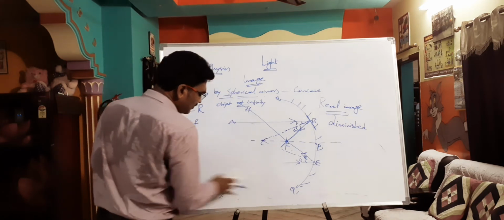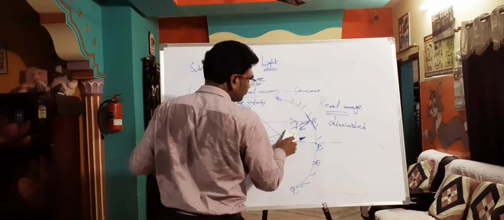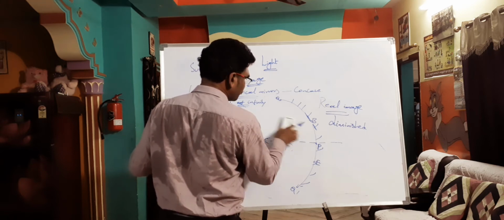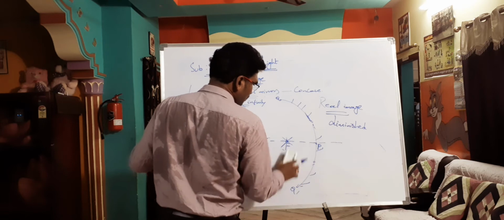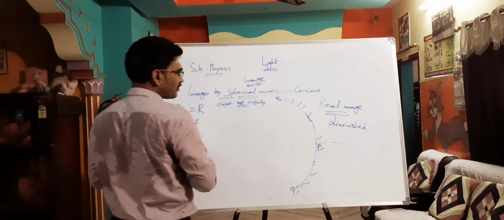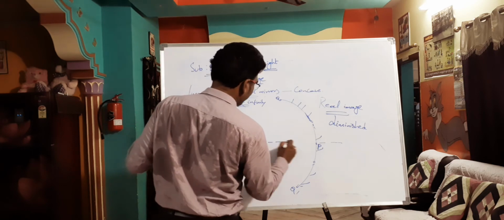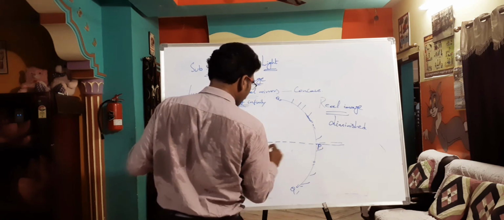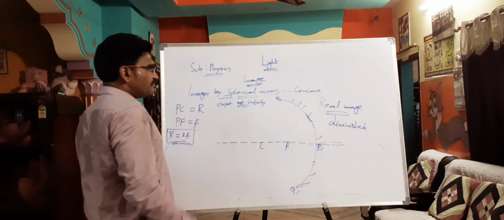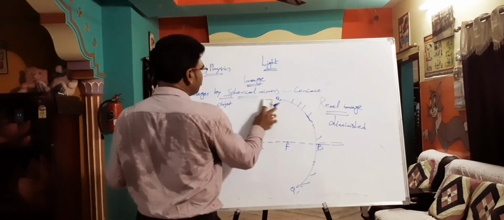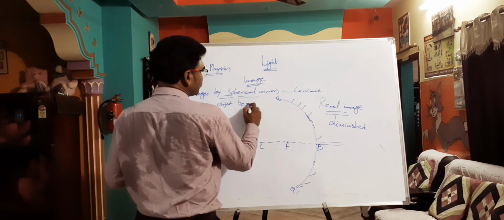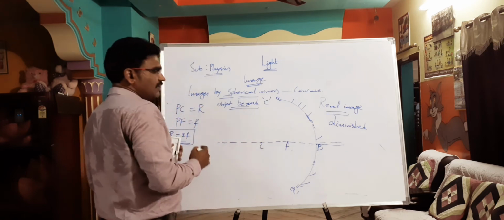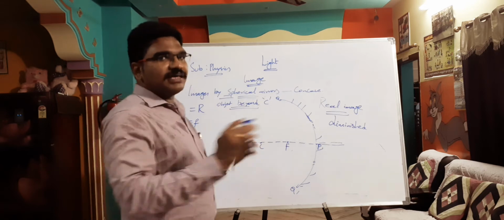Now we will take another object here. This is C and this is F. Now I am keeping the object beyond C. Beyond C means the object is beyond C. Now it is not at infinity, but somewhat nearer to the spherical mirror.